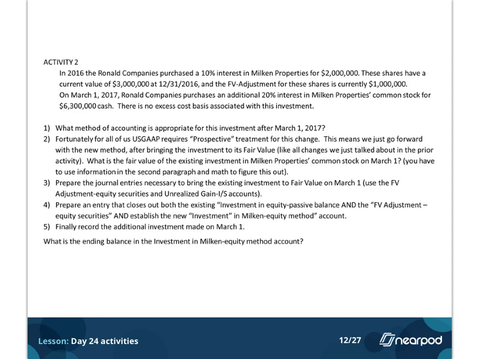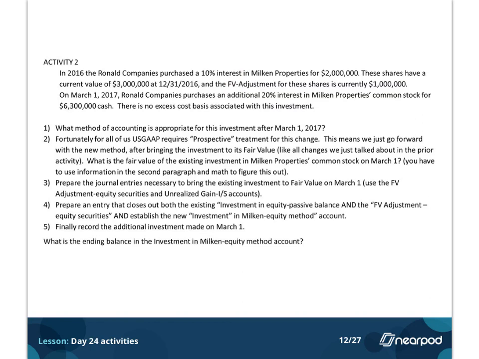All right, and we then moved out of the realm of the changes in the debt securities, and we started looking at this change in the equity securities. And remember, with the equity securities, you have this differentiation between how many shares you own. So if you have 10% interest, then you're in what we call the passive equity section.